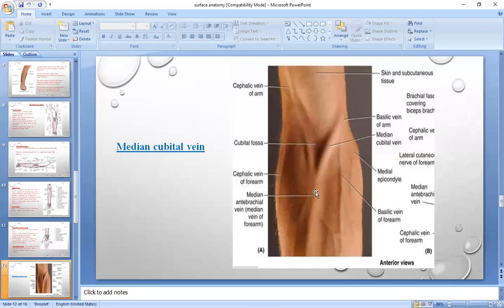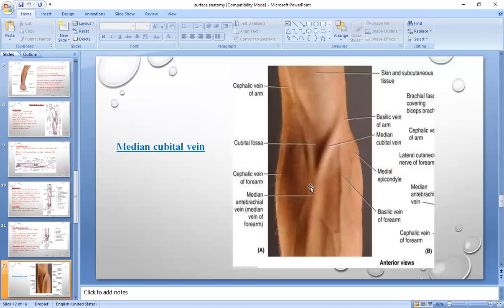So, what is this median cubital vein? See, it is a vein from the cephalic vein to the basilic vein. It is a communicating vein, a very good example of a communicating superficial vein, communicating the cephalic vein with the basilic.